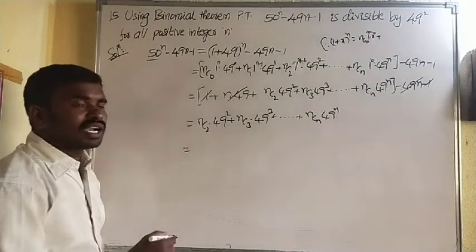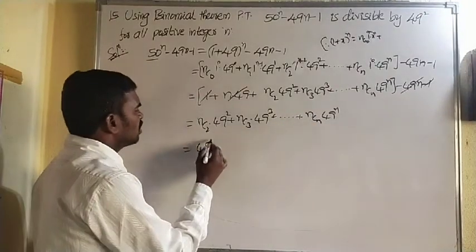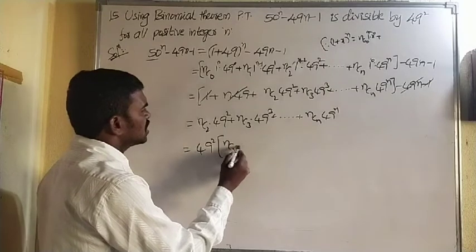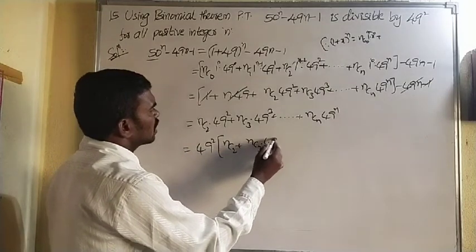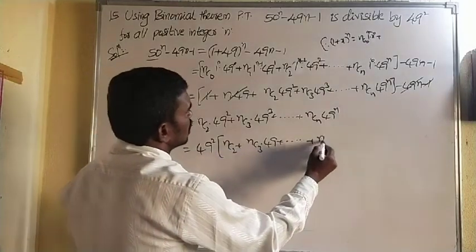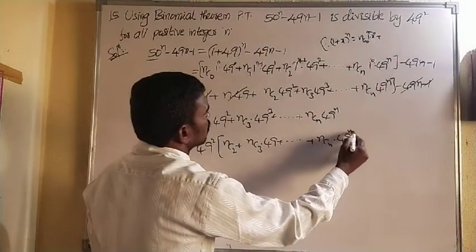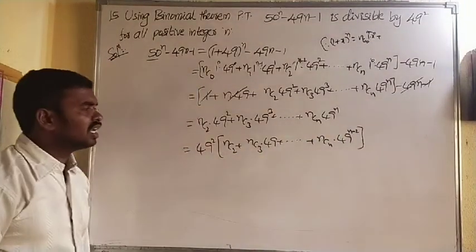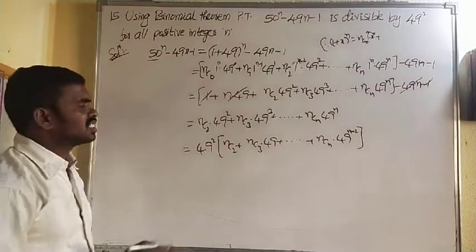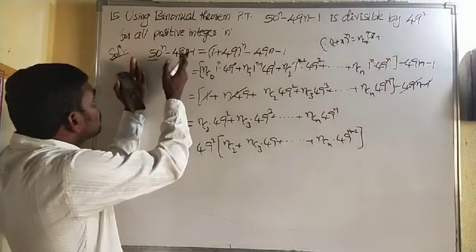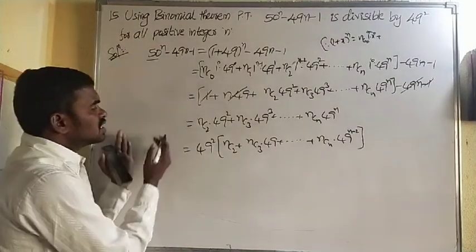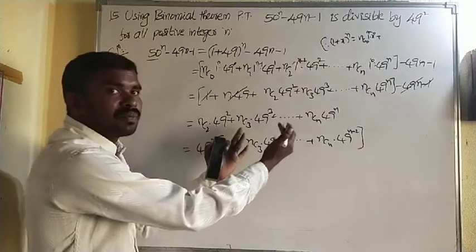So can we take 49 square common? Yes, in every term 49 square is common. Then the remaining is NC2 plus NC3 into 49 plus so on plus NCn into 49 power n minus 2. So finally we took 49 square common. So 50 power n minus 49n minus 1 is equal to 49 square into something.